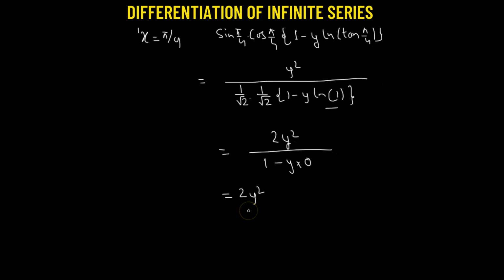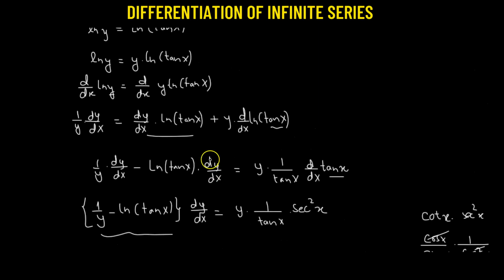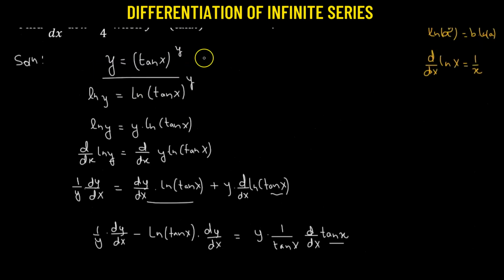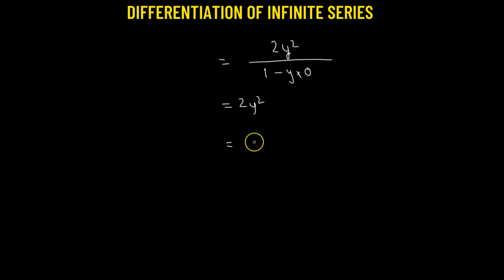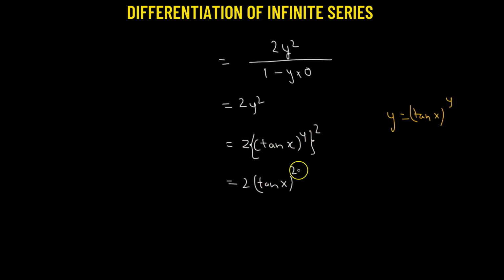Now we'll also need to find the value of y. So we will go to our first equation. We had y equal to tangent of x raised to the power of y. So that means we have 2 times y squared, which will be 2 times tangent of x raised to the power of y whole raised to the power of 2, which is simply 2 times tangent of x whole raised to the power of 2y.